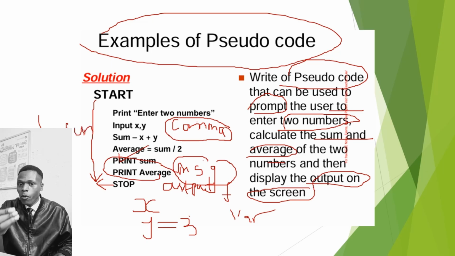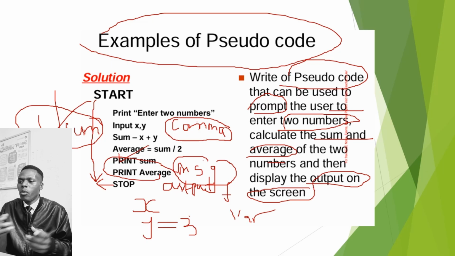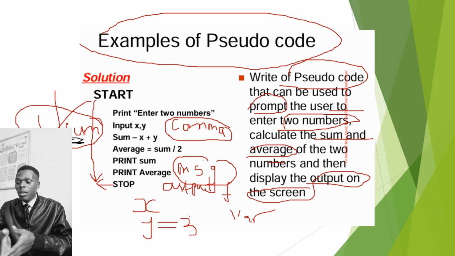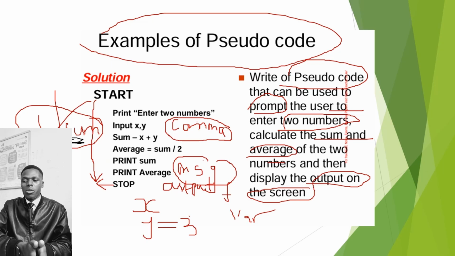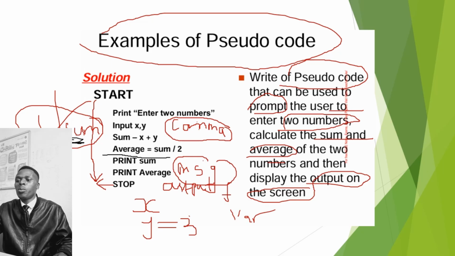You should write the formula or an expression to show what is being done. Those calculations are processes. You write the process so that the programmer knows this is the process that is supposed to be here. This is simple, and then output the average after you have divided, because there are two numbers.